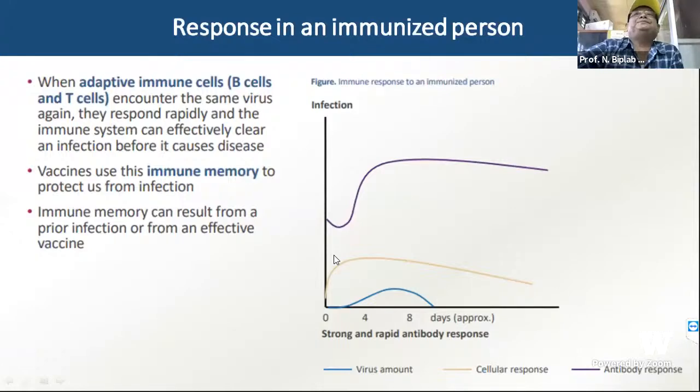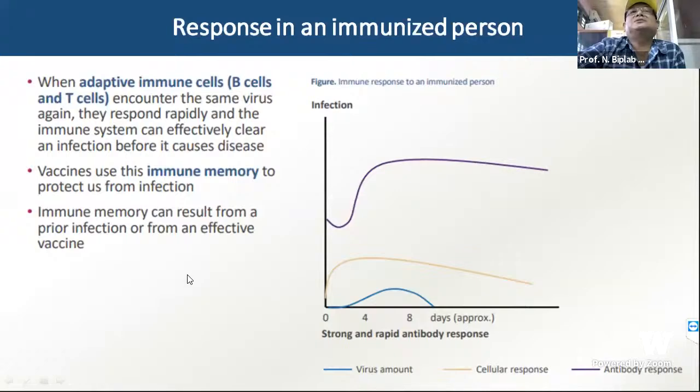Now, when the adaptive immune cells, that is the B and T cells, encounter the same viruses again next time, they respond rapidly, and the immune system can effectively clear an infection before it causes disease.